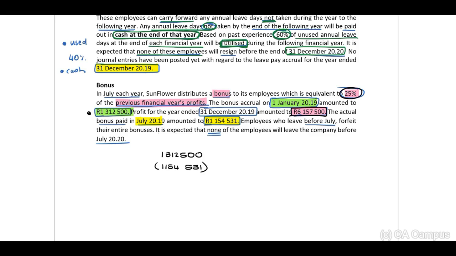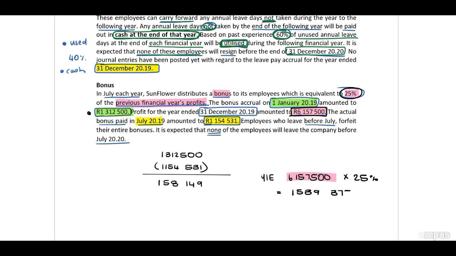Okay. Therefore, the remaining amount between the opening balance and the payment was 158,149. But the amount at year end should be the 6157, which is the profit. Look at this, guys, the pink amount times the 25%. Therefore, this is what they need to provide for to be able to pay. Okay, you with me? And this is 1539375.